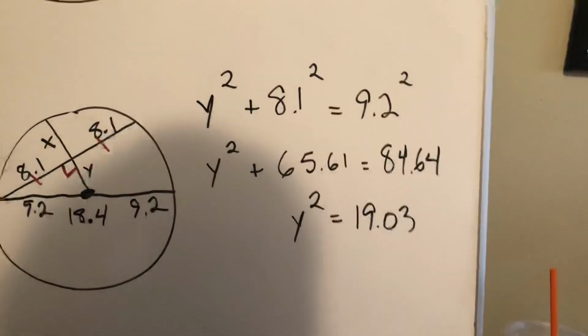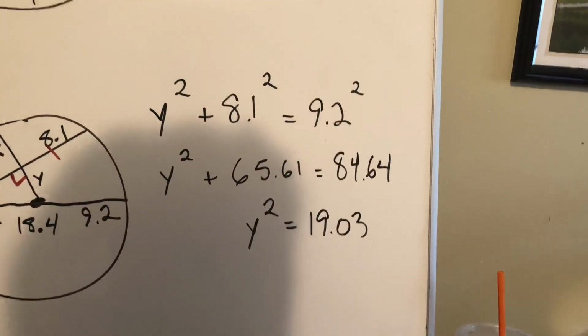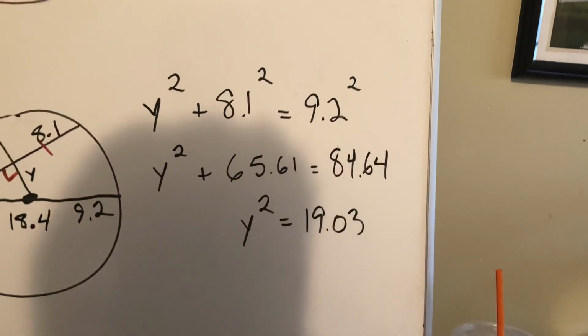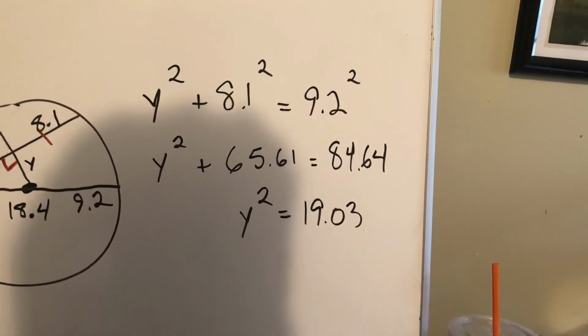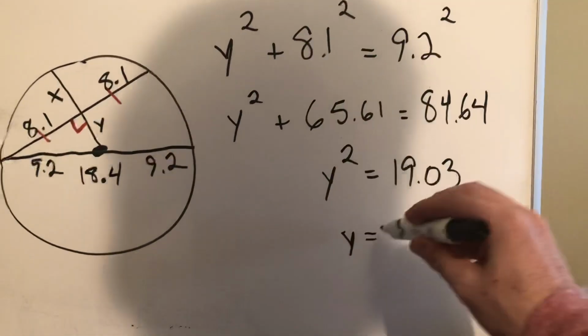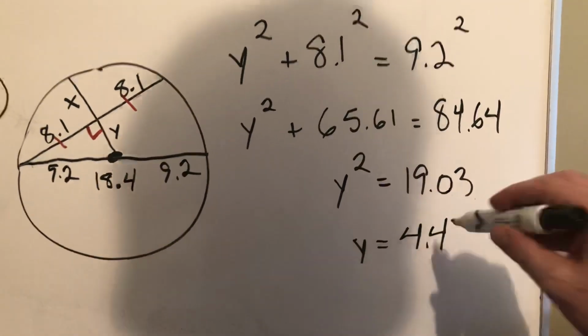And I'm going to take a square root on both sides to solve for y. So the y value is going to round to 4.4, just round it to a tenth.